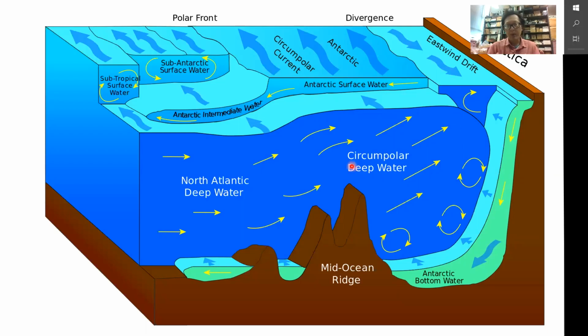Now, why that's important is these waters, as they are sinking from the North Atlantic and they circumnavigate the Earth and then eventually come out here, they're old. By the time they come out, they've been deep down in the water for a long time. And one of the things that happens is they build up dissolved carbon dioxide. That's because there's all this organic matter, living organisms up here in the shallow waters.